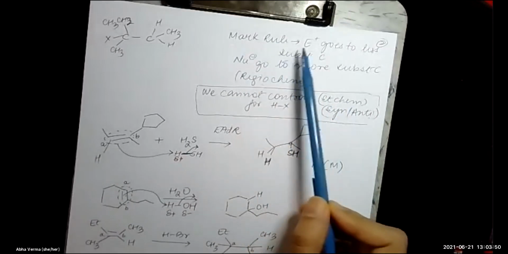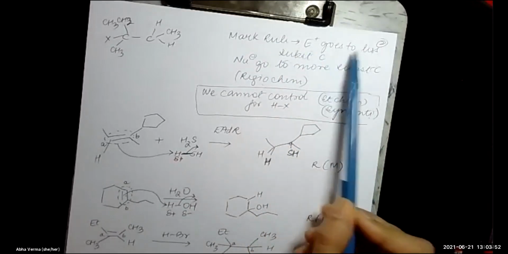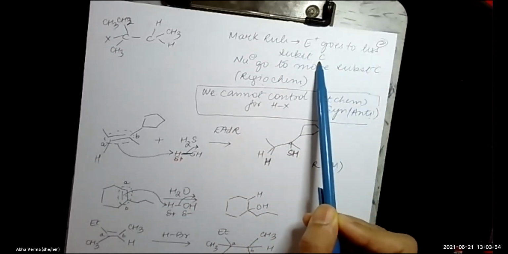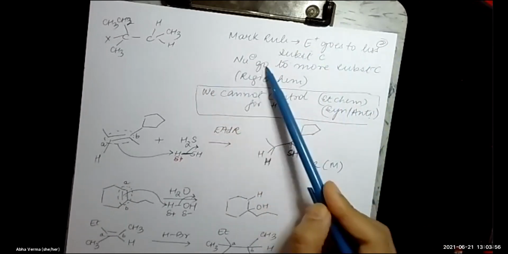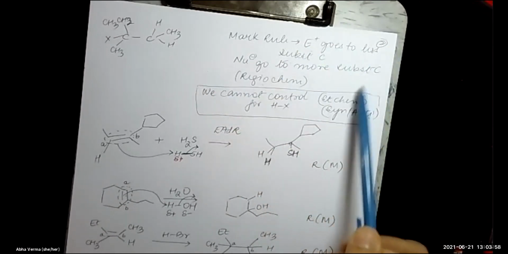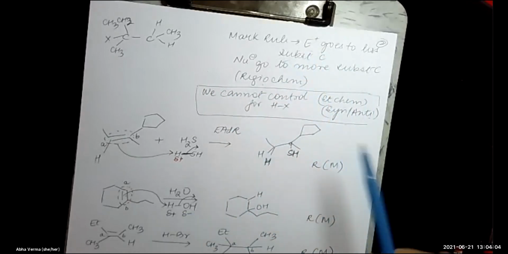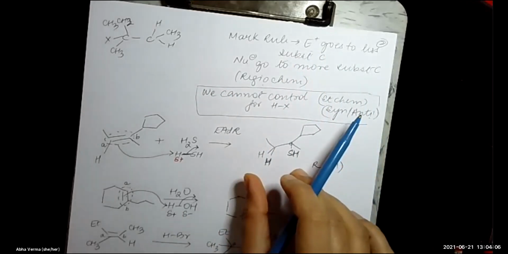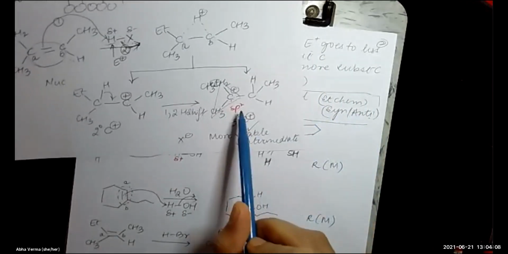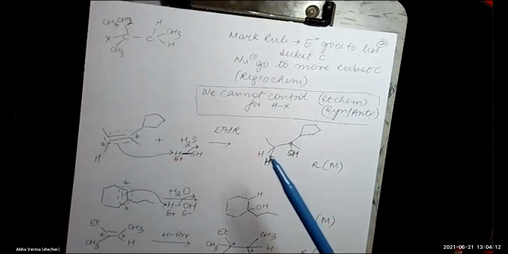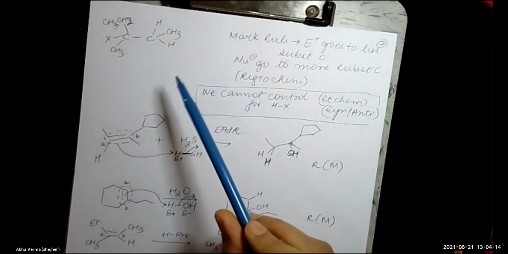Markovnikov rule states that the electrophilic part will go to the less substituted carbon, or the nucleophilic part will go to the more substituted carbon. And for these two statements to be true, it is just an indication that a more stable carbocation will be the intermediate for your final product.